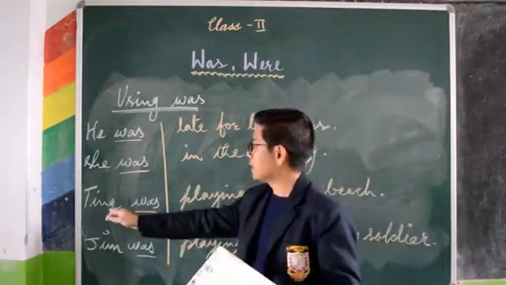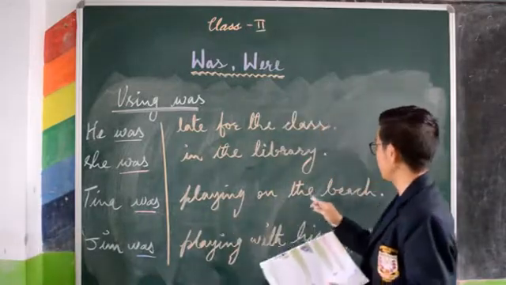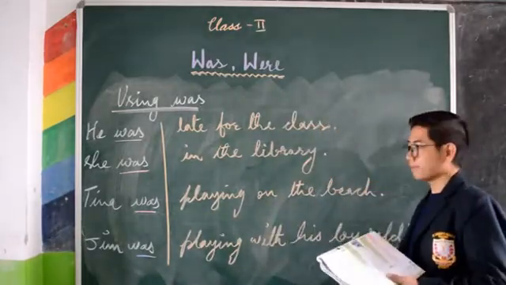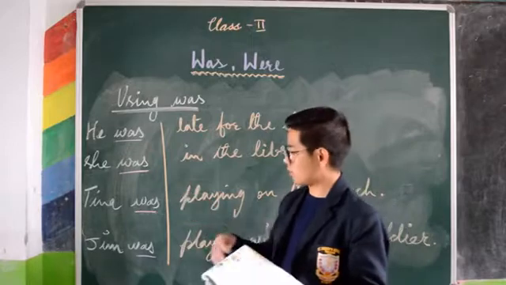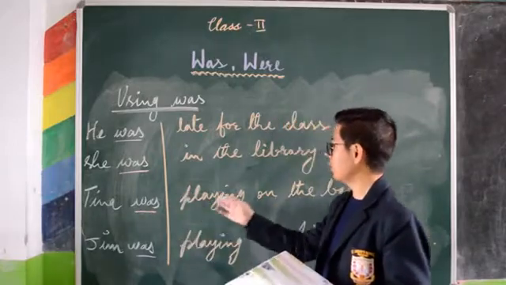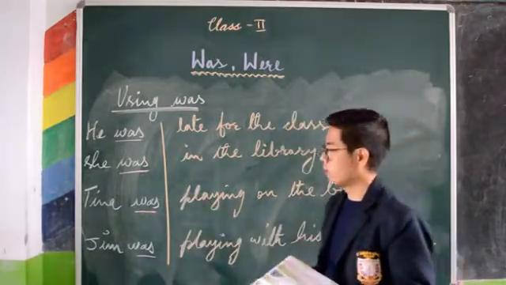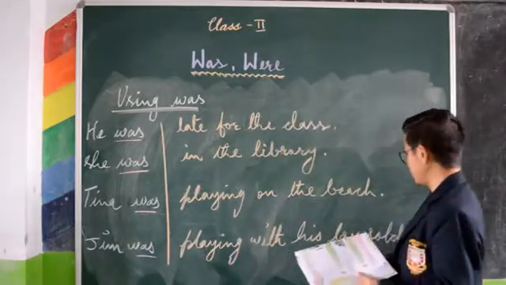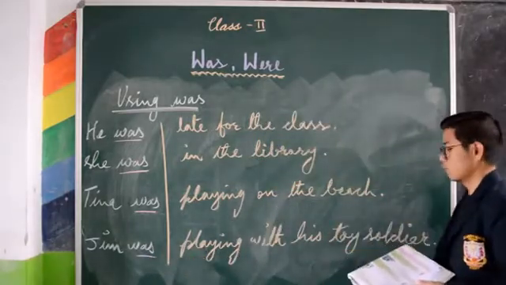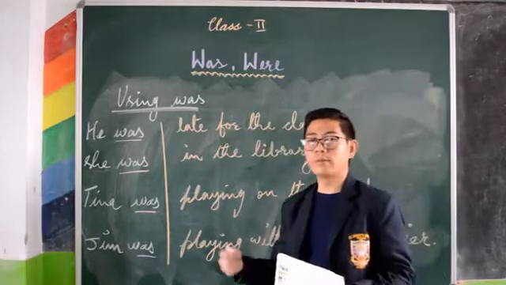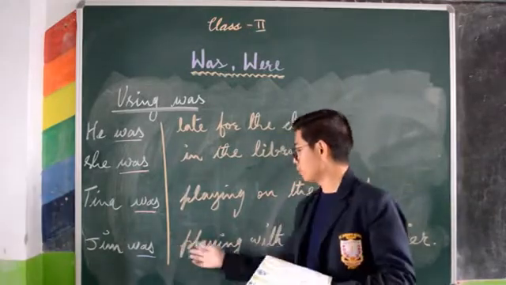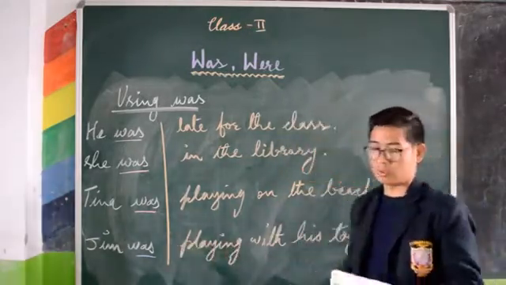Now, Tina was playing on the beach a few minutes ago. Jim was playing with his toy soldier. A few minutes ago or yesterday, Jim was playing with his toy soldier.